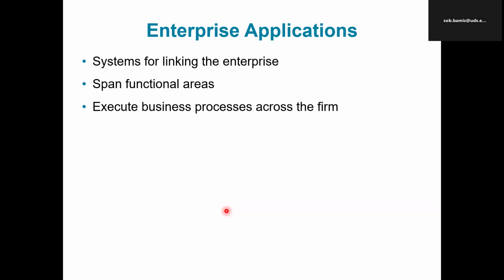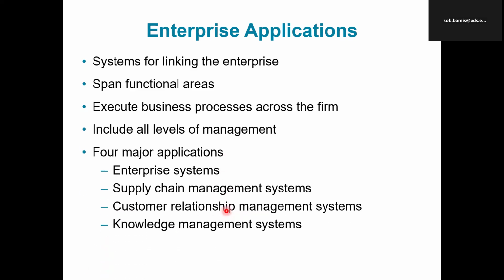Due to that, another type of information system has evolved, which we call enterprise information systems. These are systems that link all the functional areas together in one system. So we open the system and everybody is able to log in and do their part.